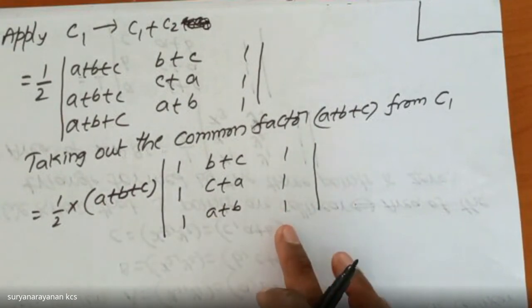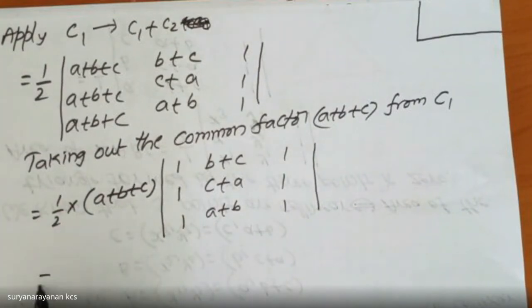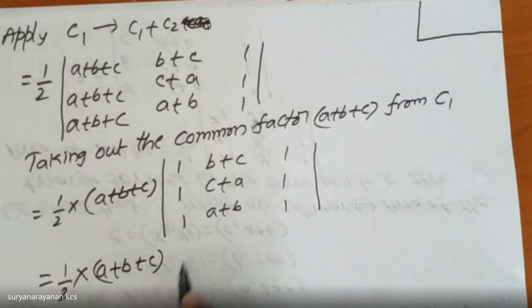You know, there is a property. If any two rows or any two columns are identical, then what is the value of the determinant of that matrix? It will be 0, sir. 0. Very good.